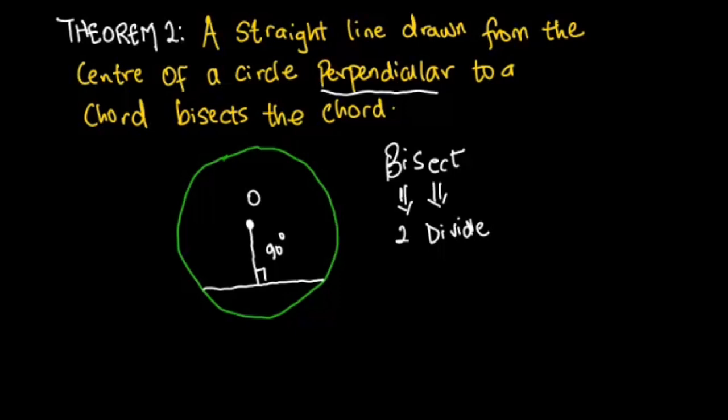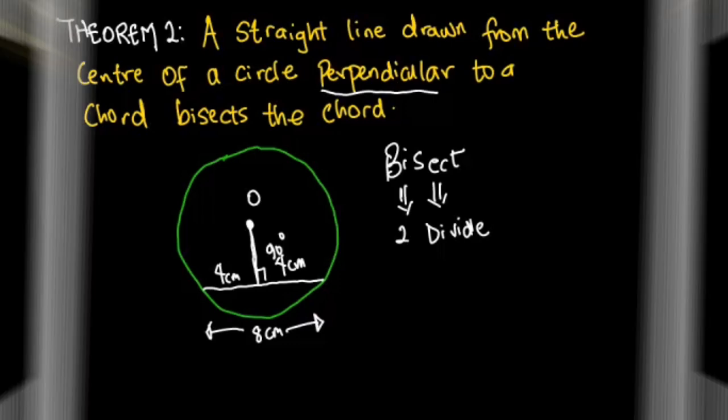So if this chord originally was, let's say, 8 centimeters, once this line goes through this chord, this side is 4 cm, this other side is 4 centimeters. So in essence, when you have a straight line which runs from the center and it runs perpendicular to the chord, it will divide that chord into two equal parts, just as it will also divide the angle into two equal angles. That's 90 on one side and 90 on the other.